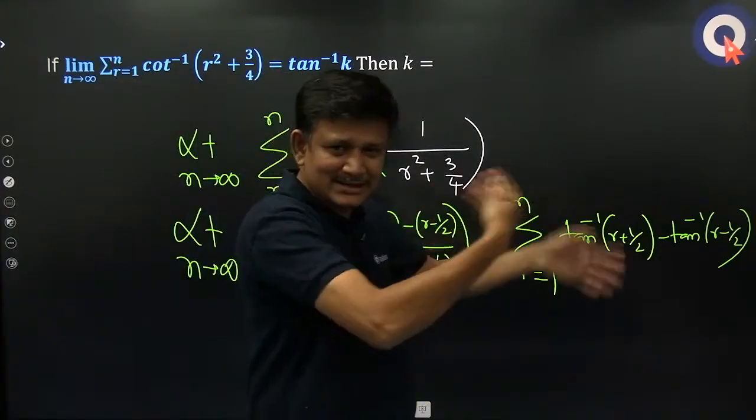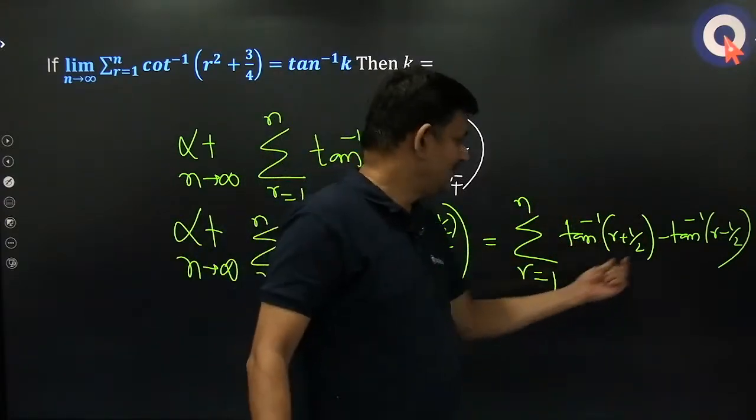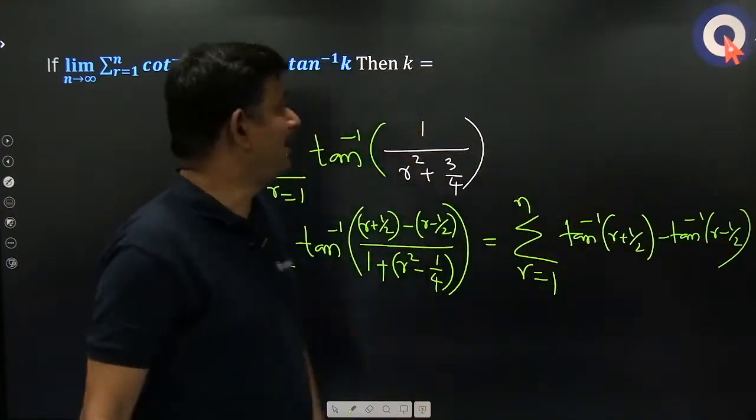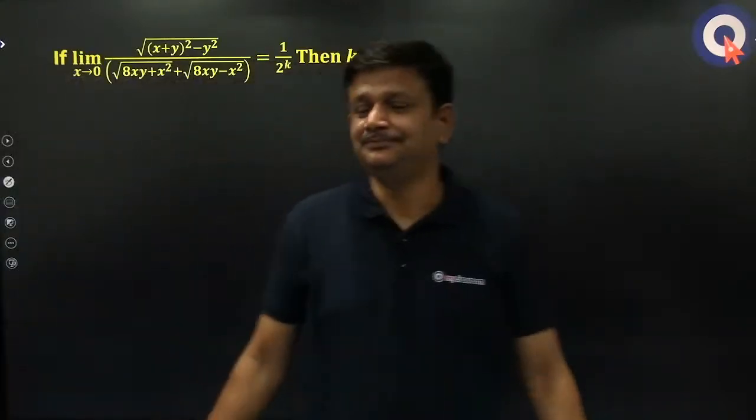Now telescopic cancellation, all alternate terms will get cancelled. You will be left with the first term and the last term. First term is tan inverse half, last term will be tan inverse infinity, which is pi by 2, and there ends the question. Very simple question.